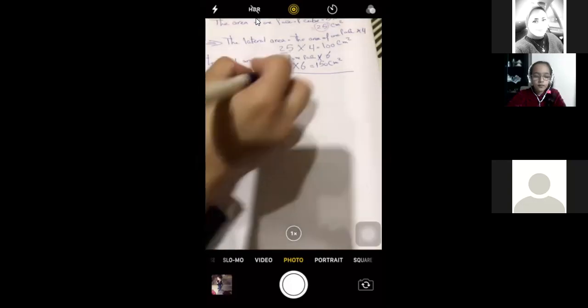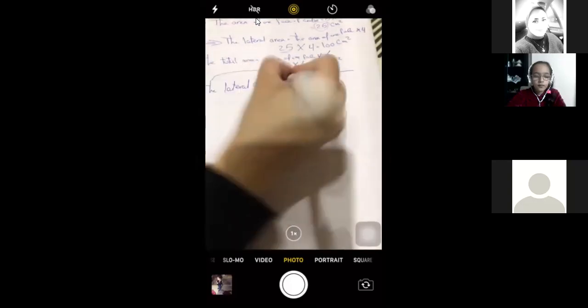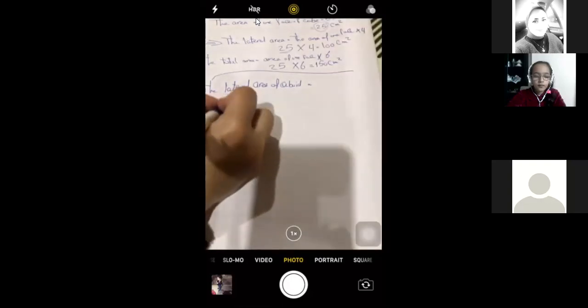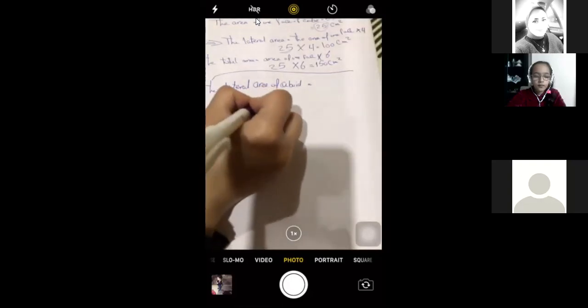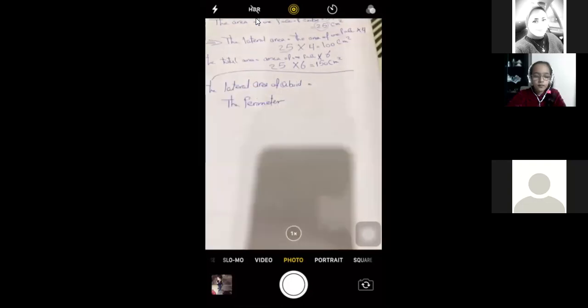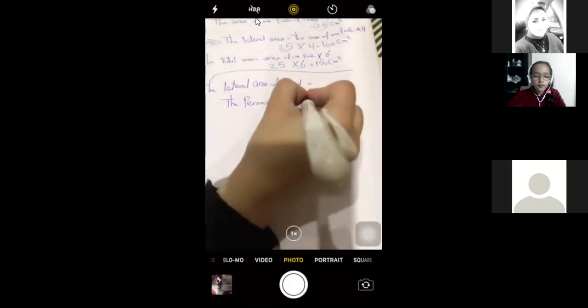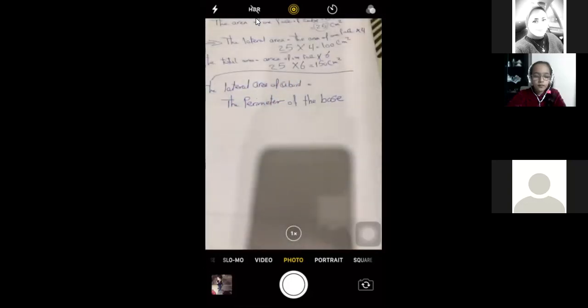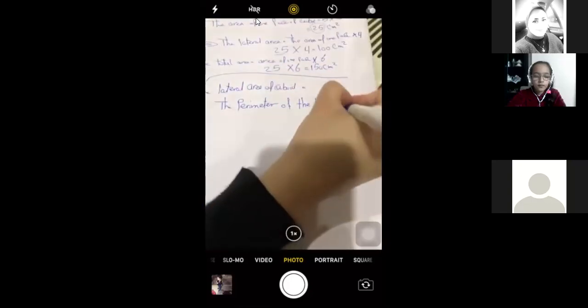We got the lateral area and total area of cuboid. Okay, we have two rules here. The lateral area of cuboid equals the perimeter of the base multiply height.